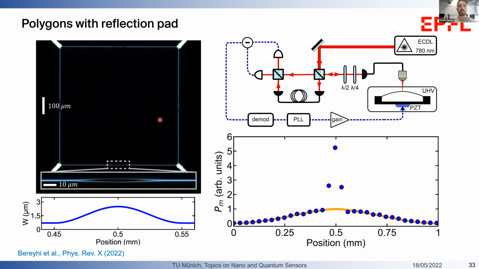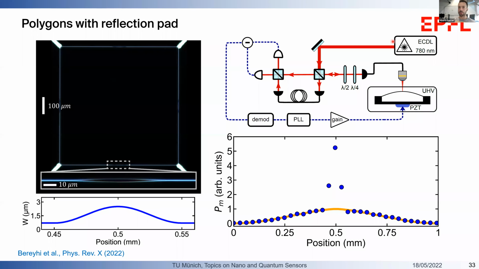But we saw that we could introduce a small corrugation just in the center of the polygon sides, increasing the width from sub-micrometer values to several micrometers, and correspondingly we improved a lot the reflection efficiency in measurements of displacement.